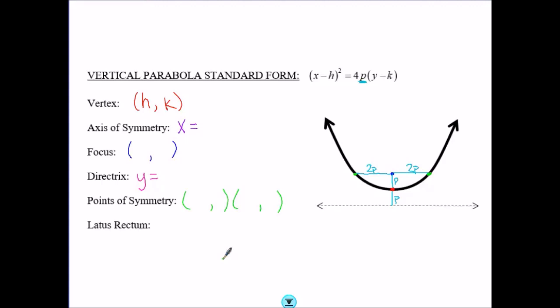Lastly, the latus rectum is the distance between the points of symmetry. So that will be 4p, and since it is distance, that will always be positive. So we're going to say it's the absolute value of 4p.